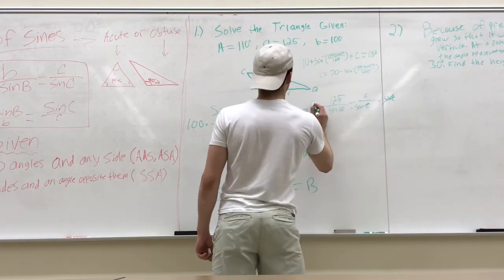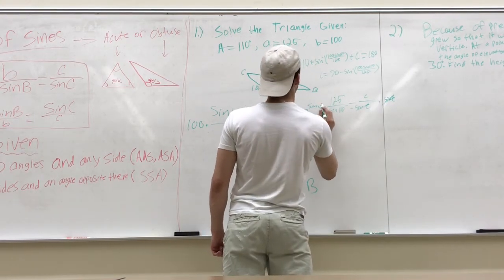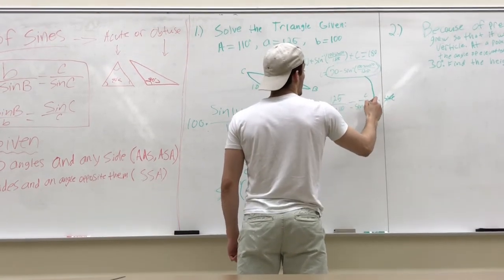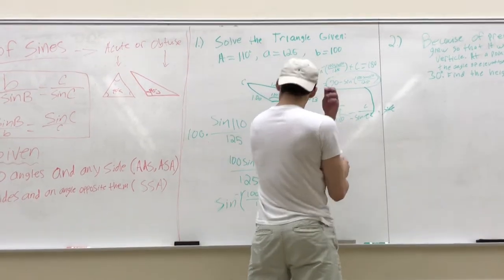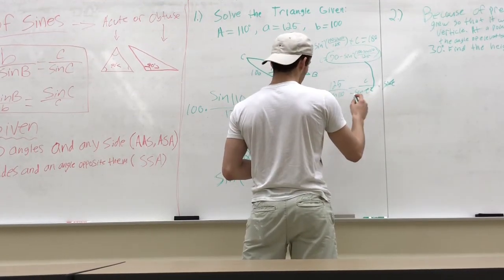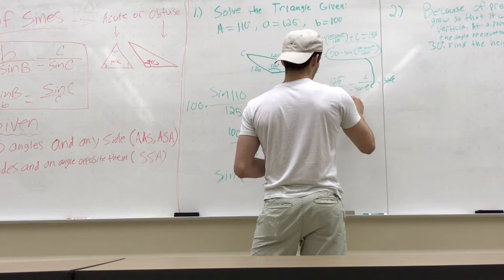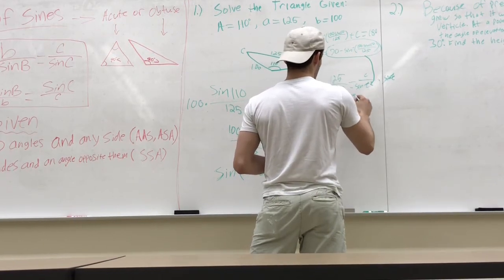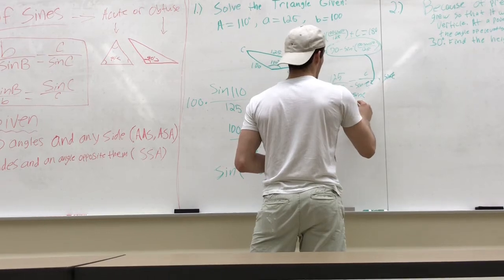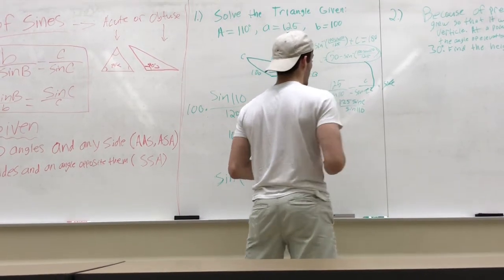The C is this huge value right here. And you're going to get the little c equals 125 sine C divided by sine of 110.